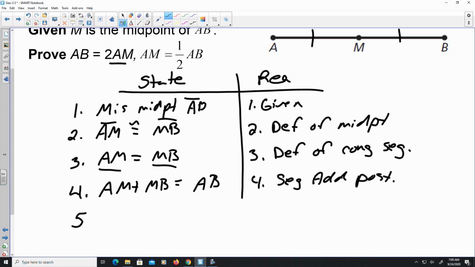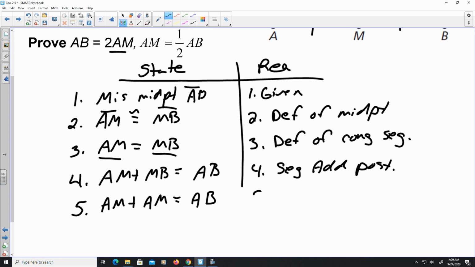So step 5 is AM plus AM is equal to AB. And I'm able to do that because I can just substitute it in because they're equal. Substitution property.